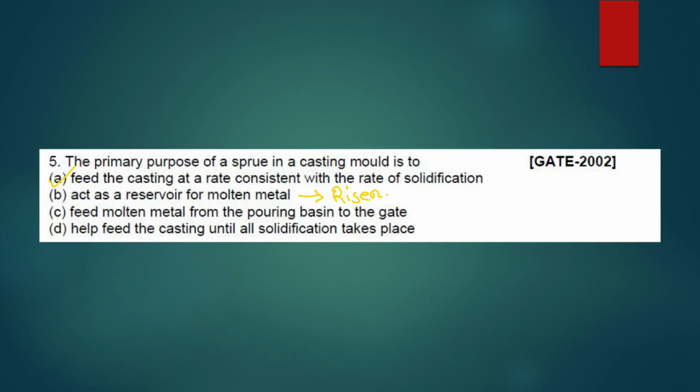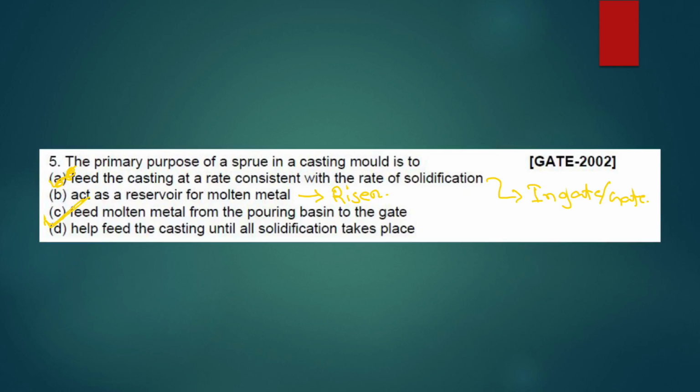Option A, feed the casting at a rate consistent with the rate of solidification, this is for in-gate or simply gate. And feed the molten metal from the pouring basin to the gate, this is the correct answer.